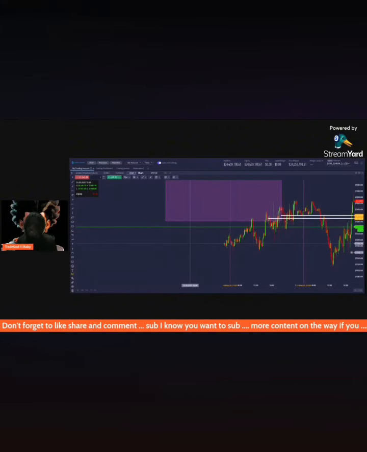And you just use the momentum of the Heikin Ashi to get a high probability setup. So you don't take a lot of drawdown.